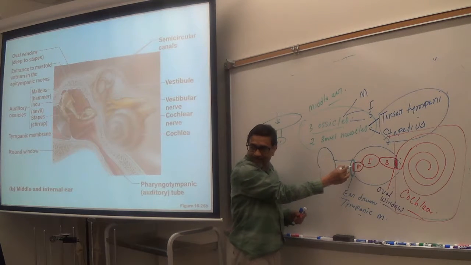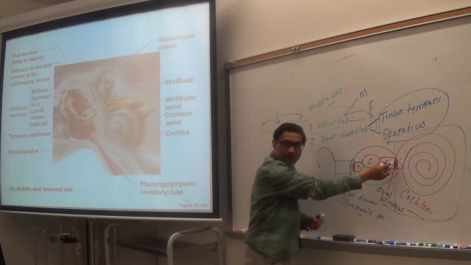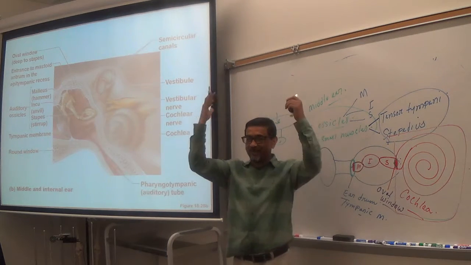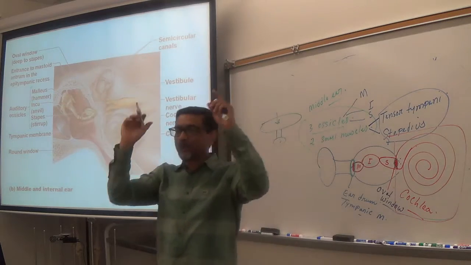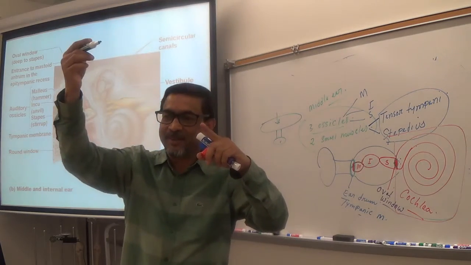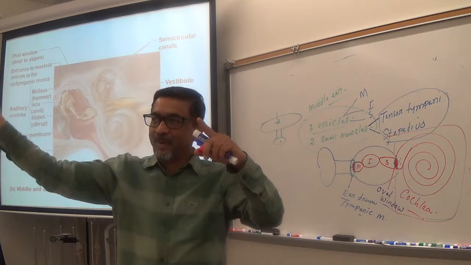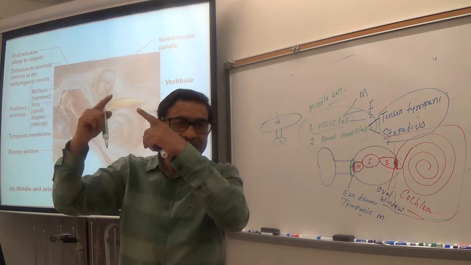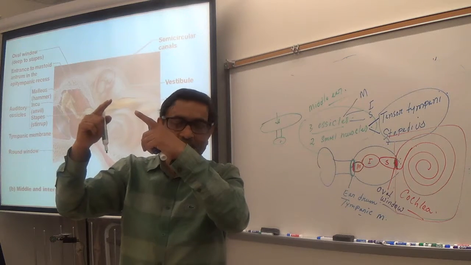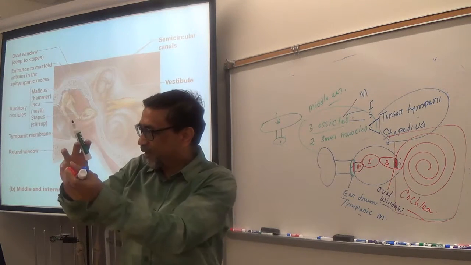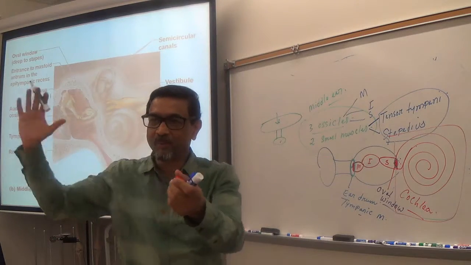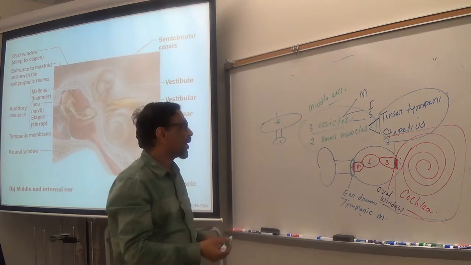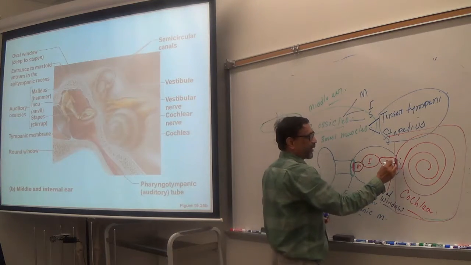From big membrane, pressure is going to the small membrane, right? So that is another thing that will amplify the pressure. The two things are increasing the pressure from the tympanic membrane to oval window. One is the ossicles acting as lever, and another is from big to small, right? So many times the sound pressure increases. So the pressure is pretty high here.